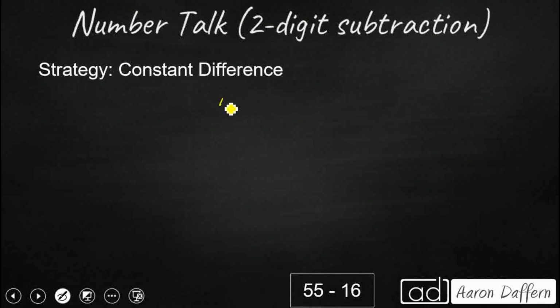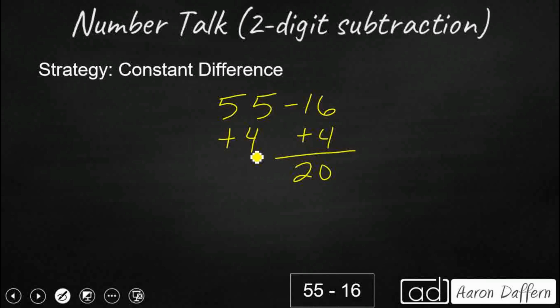Now this is a good strategy. It's called constant difference. And so what we do with constant difference is kind of like when we added up, right? We changed our 16 up to 20, but then we had to add that 4 back in. Did you know that you can change both numbers? So in order to keep a balanced expression, I'm just going to add a plus 4 to both numbers.